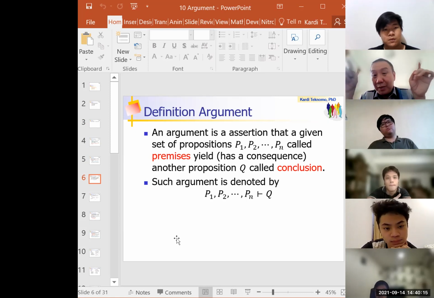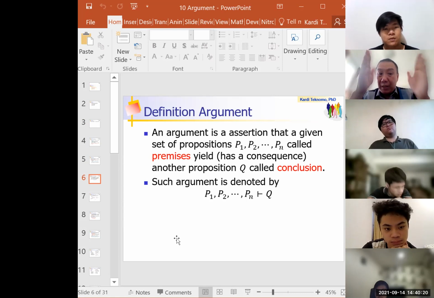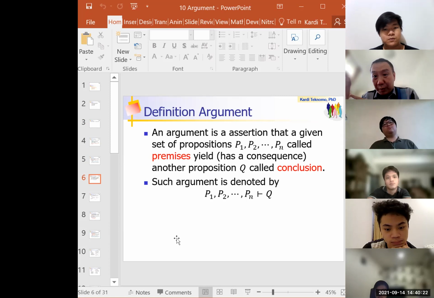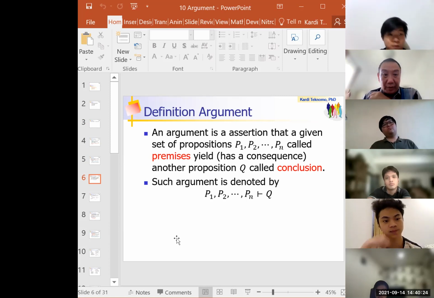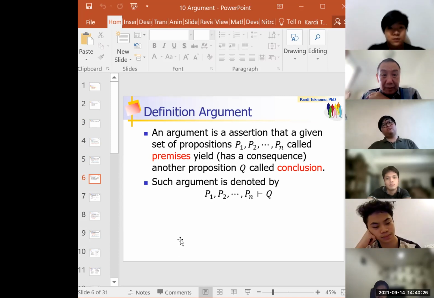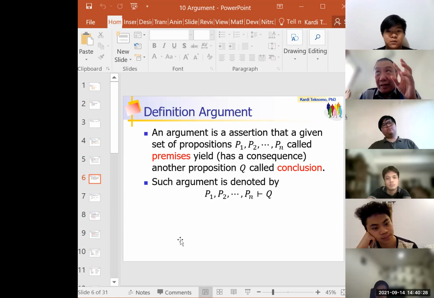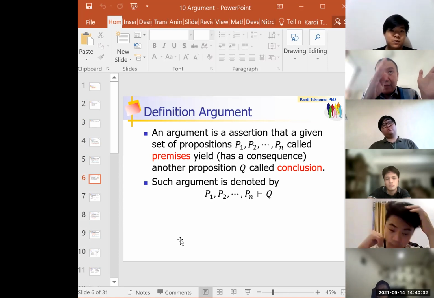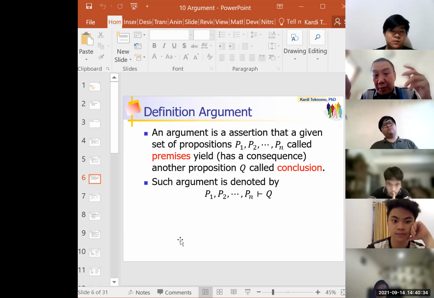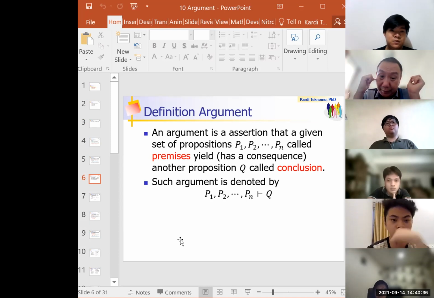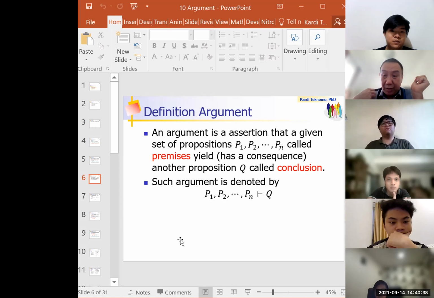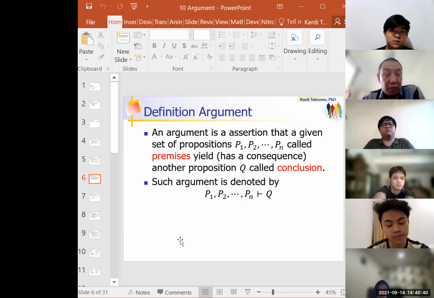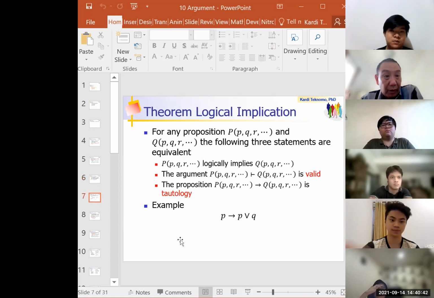There are many premises, but the point is you have if P, then Q. So the whole logic of if P then Q will be used for an argument. Later on, you can see we can put the values. Okay.